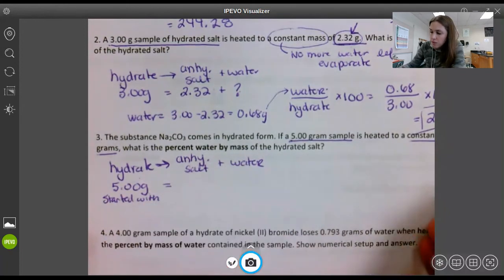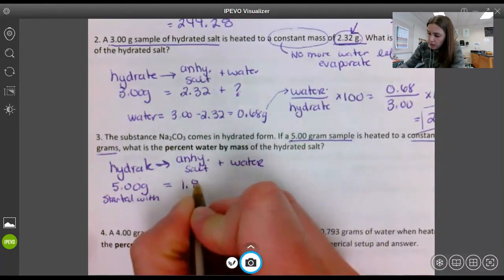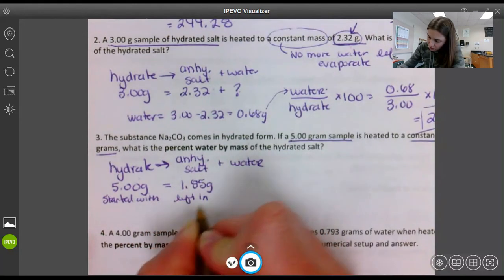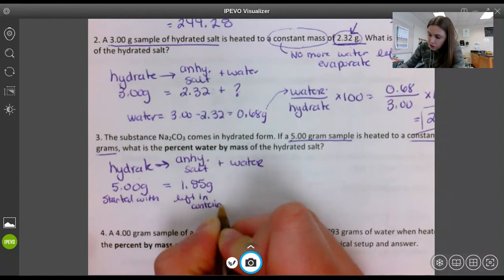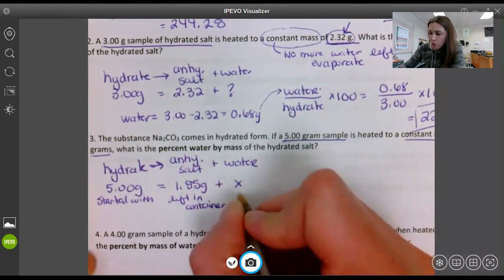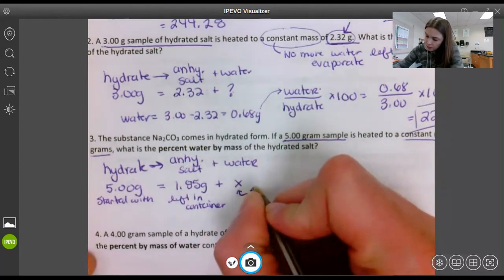Okay, then what was heated to a constant mass was my 1.85 grams. So this was left in the container, which is usually a crucible or evaporating dish. And then I want to know how much water evaporated out.